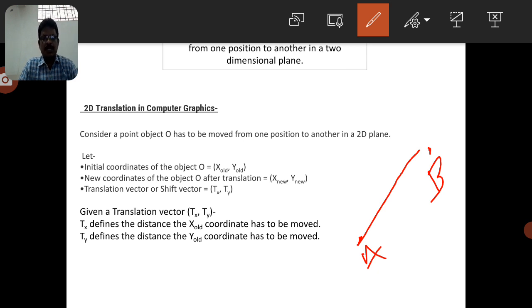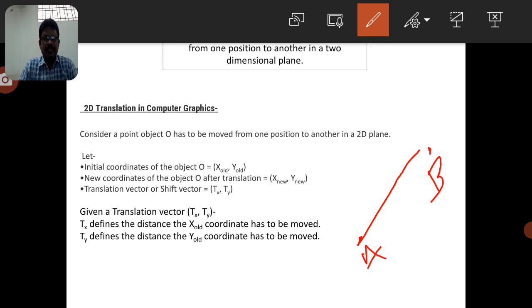Now we have to denote some notations in computer graphics. The first one is tx, that is, t suffix x. The tx defines the distance the x world coordinate has to be moved. That means the particular distance traveled towards the x axis from one place to another place is defined as tx.